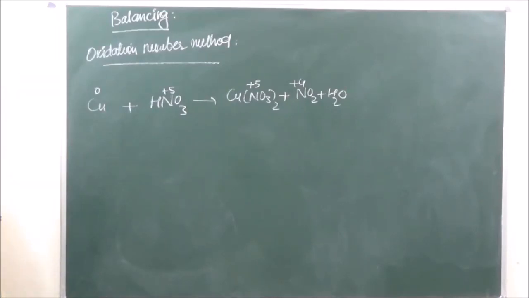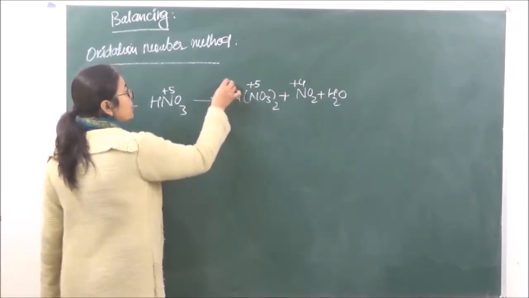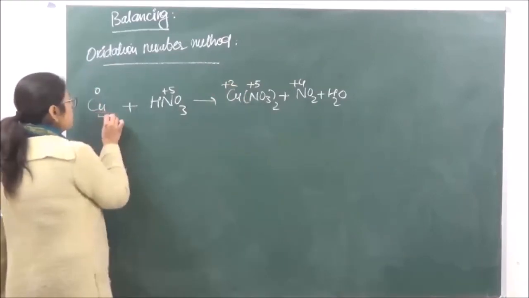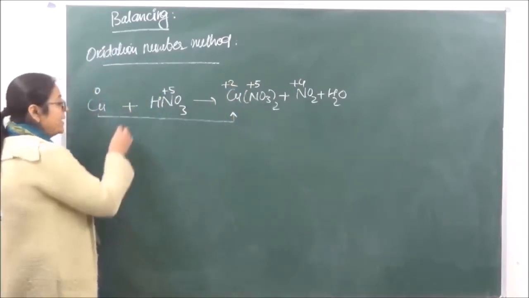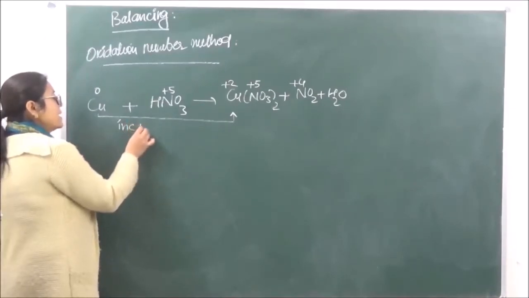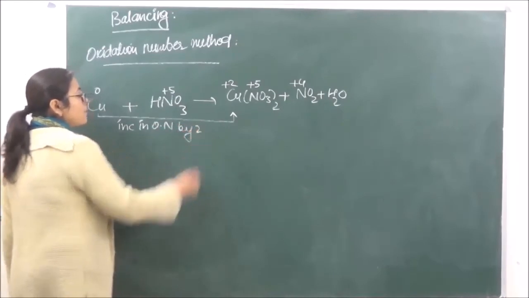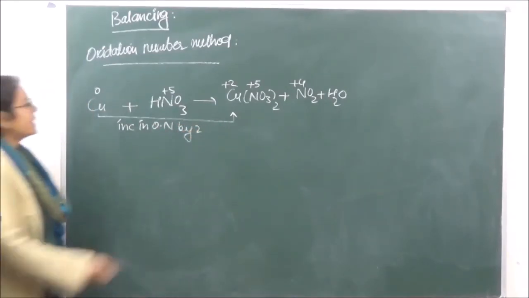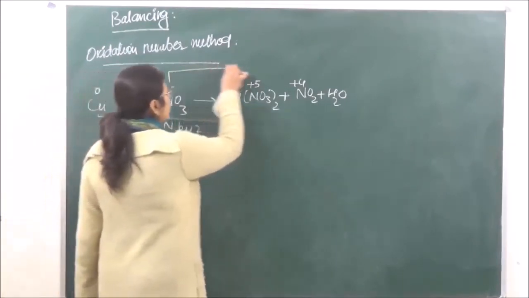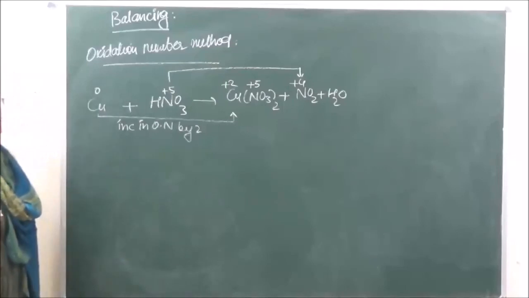Okay, so copper, what is going to be the oxidation state of copper over here? Plus 2. So copper is going from 0 to plus 2, right? So there is an increase in oxidation number by 2, and nitrogen is going from an oxidation number of plus 5 to plus 4.